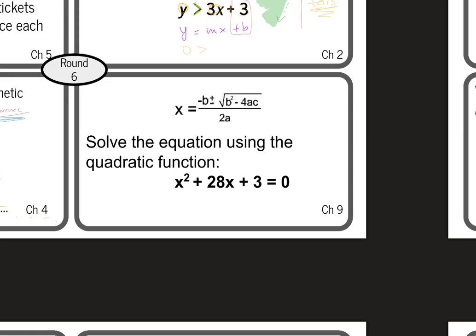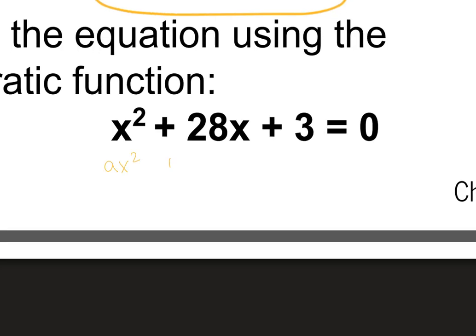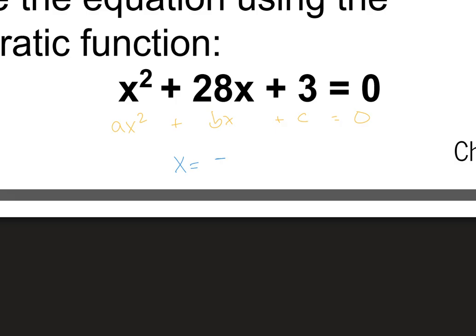Solve the equation using the quadratic function or formula. There it is. And here is this, in case you need to know it. So, x equals negative b plus or minus the square root of b squared minus 4ac all over 2a.